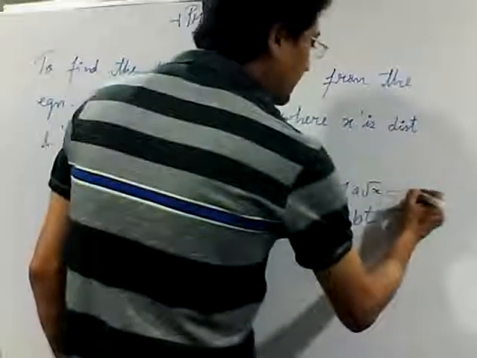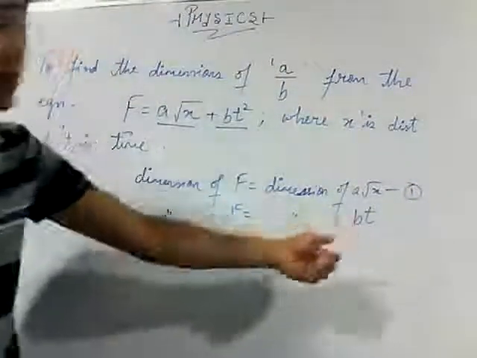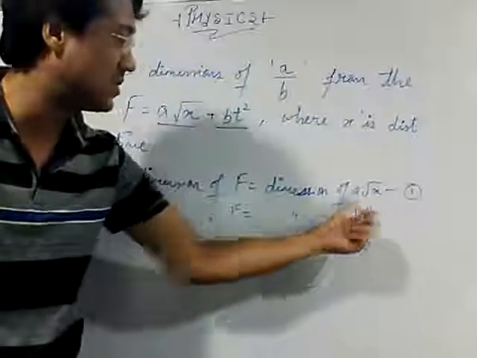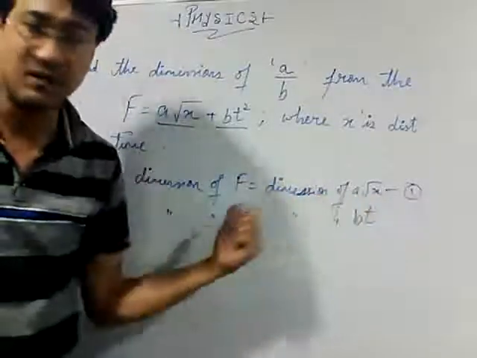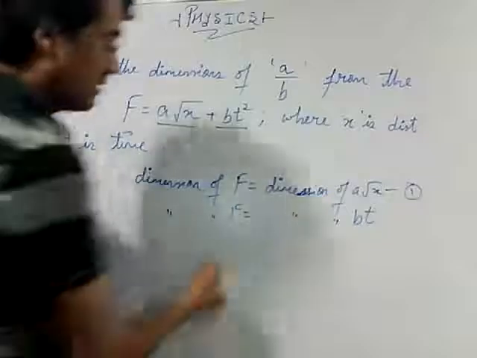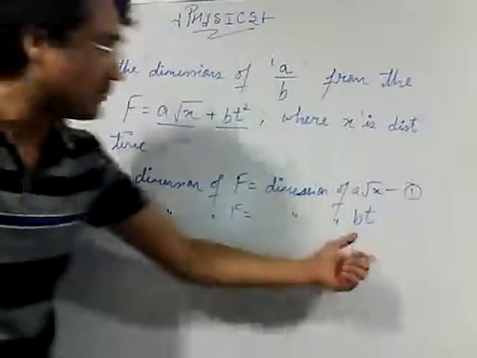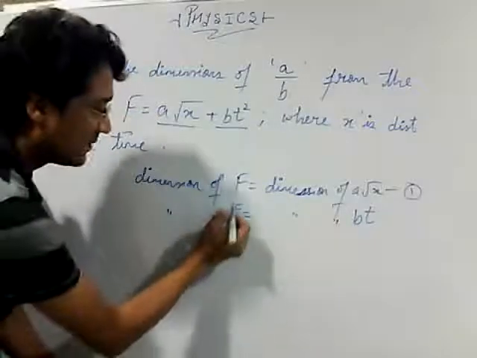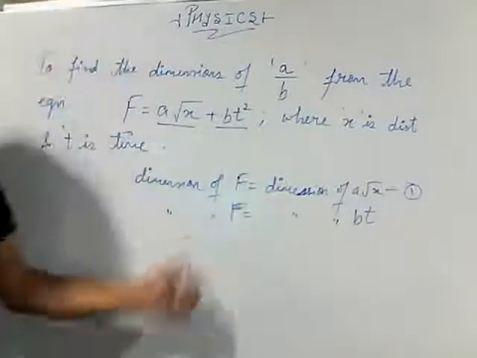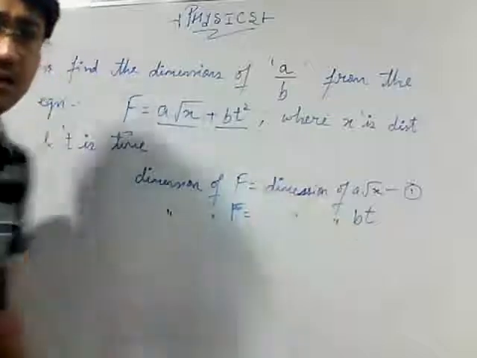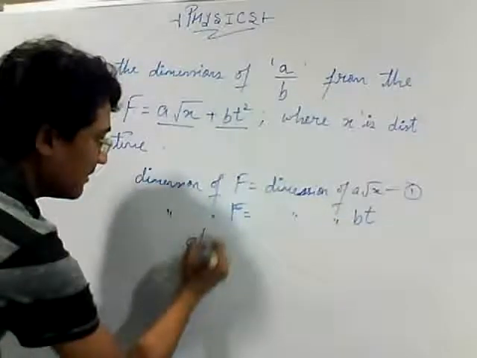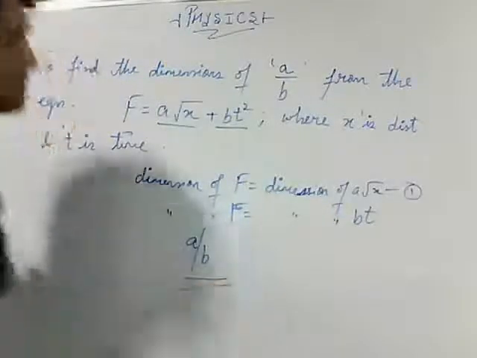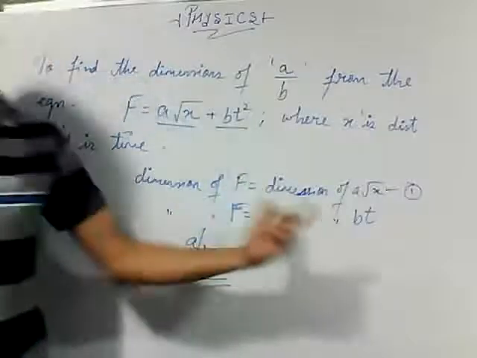So from the first part, you would be able to find the dimensions of A by equating with the dimensions of F. From the second part, you would be able to find the dimension of B by equating it with the dimension of F. Okay, you get A, you get B, you just divide the dimensions of A by B and you get the answer.